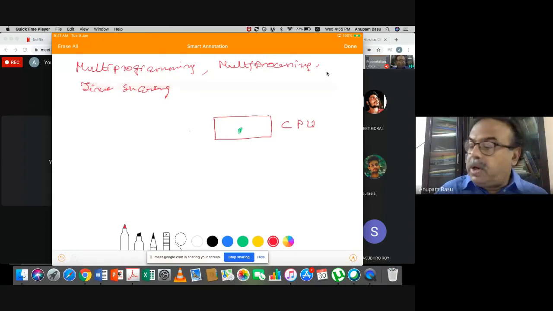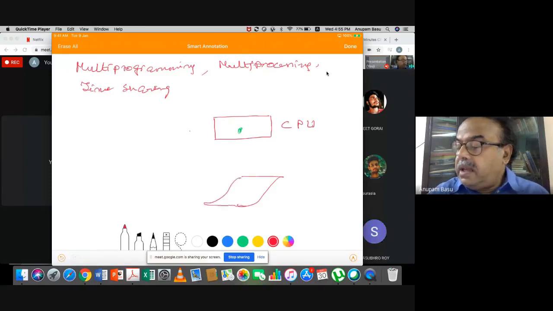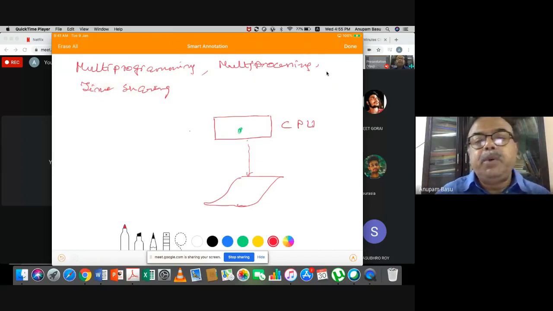Now this program requires an I/O, and there is some I/O device here, some printer device here. One option was that the CPU actually works with this printer and starts printing. That means the CPU will remain busy because the printer is a slower device.